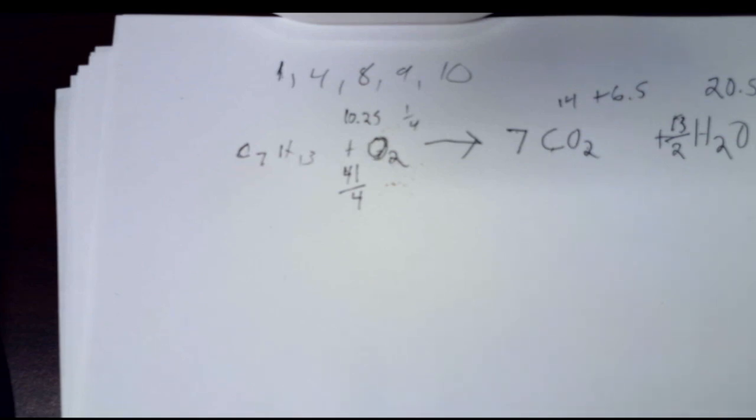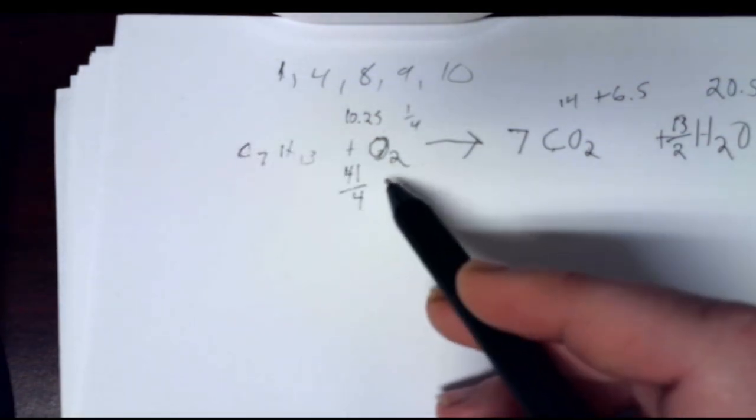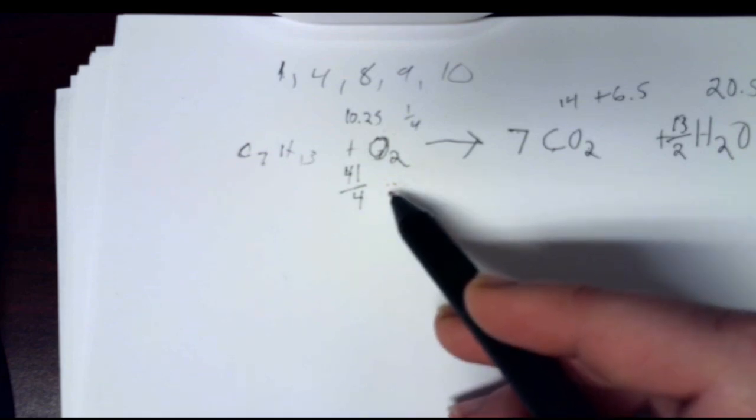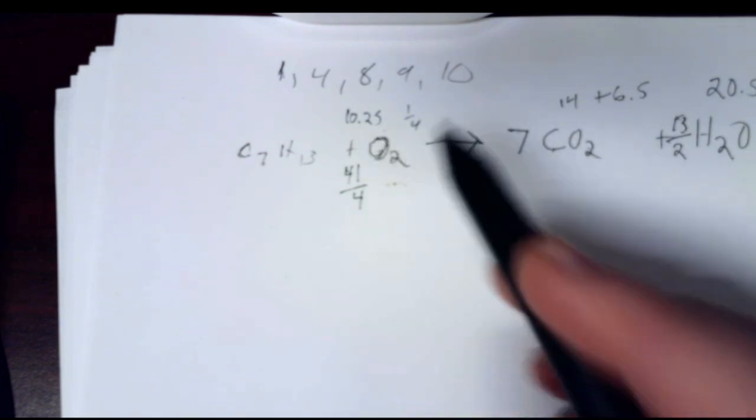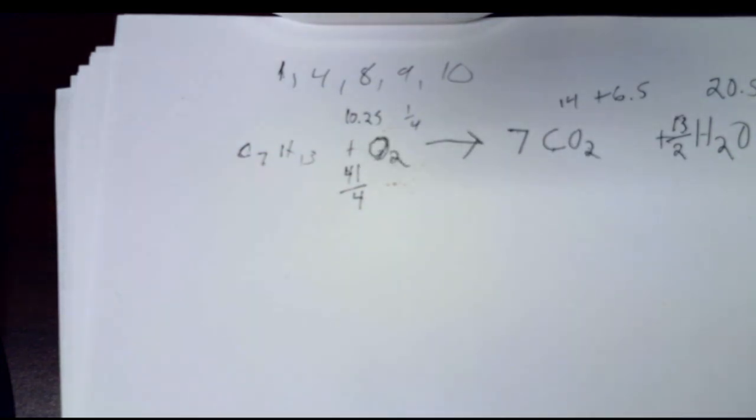So, for every 1 mole we need 10.25 moles of oxygen, the next step is to convert these moles into mass, to figure out how many grams of gasoline per grams of oxygen we would need for a stoichiometric mixture.